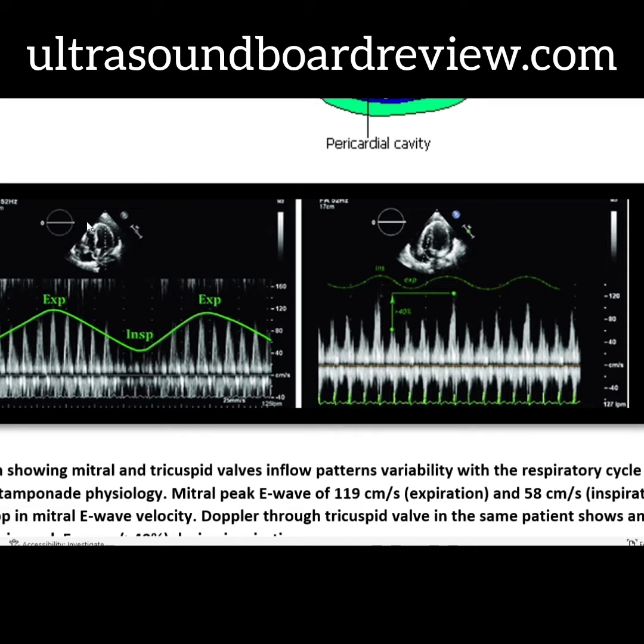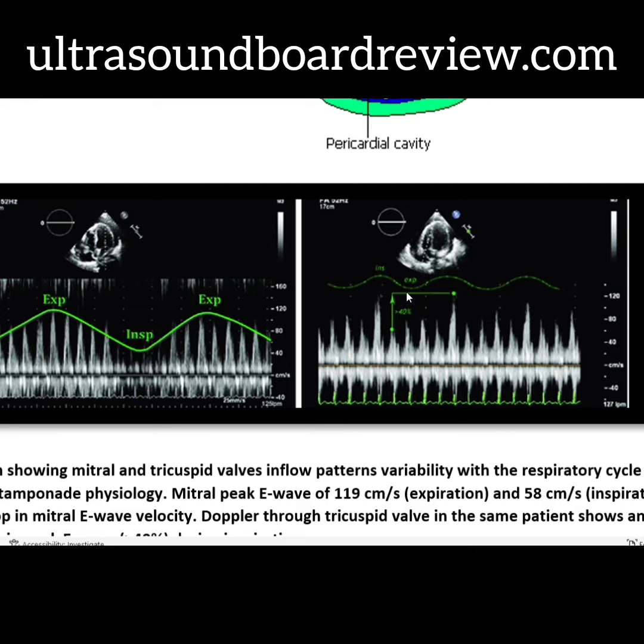Okay. Then on the tricuspid side, here's a little waveform indicating inspiration and expiration. On the tricuspid side, velocities will increase during inspiration, then decrease during expiration, and so on and so forth.